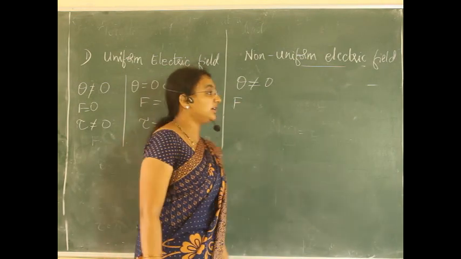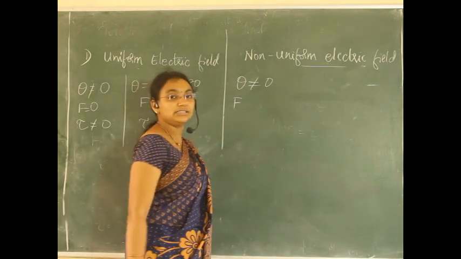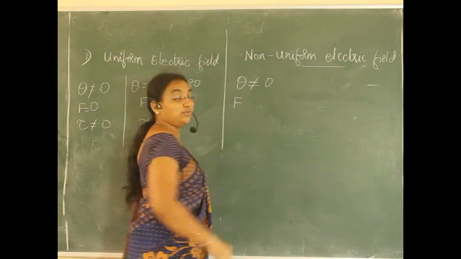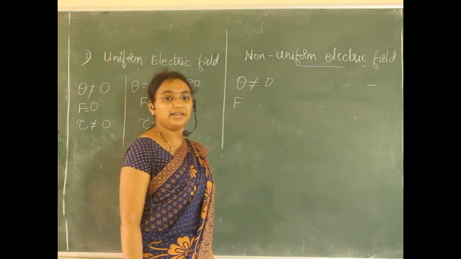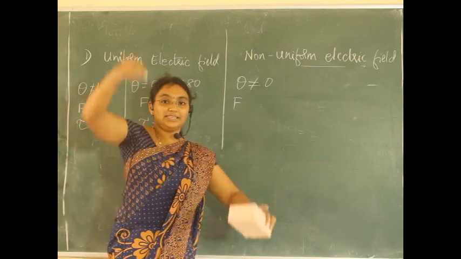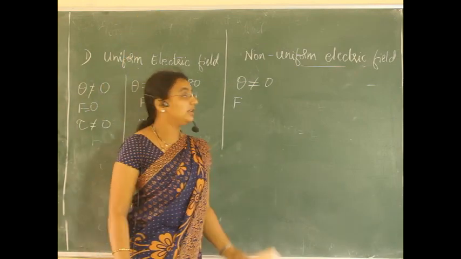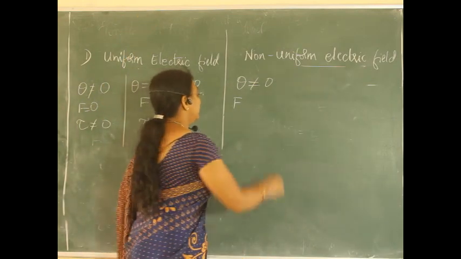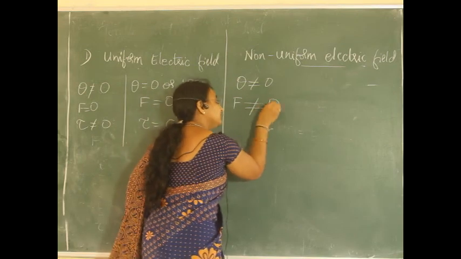If theta is not equal to 0, there is no such relation for the force. Force depends upon the electric field. If the electric field is uniform, it pulls equal and opposite in direction. Now it is not uniform, so force is not equal to 0.